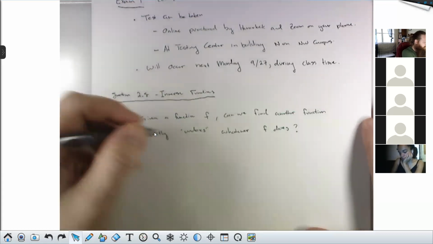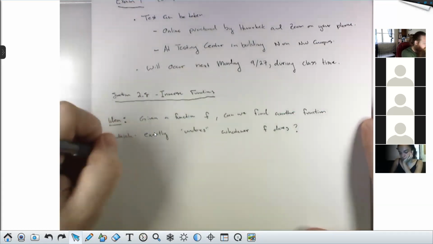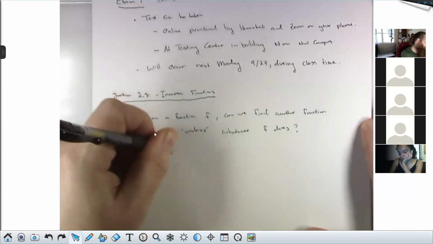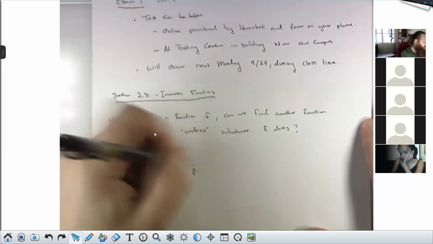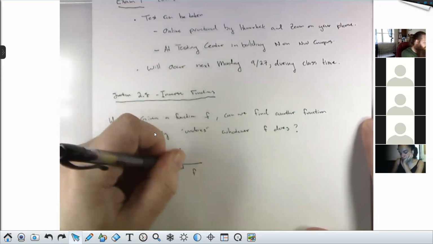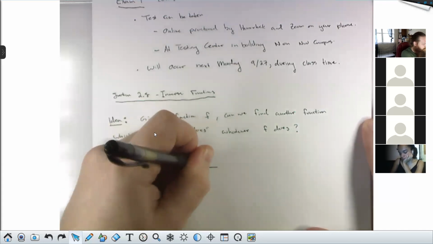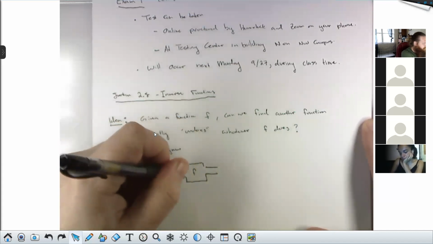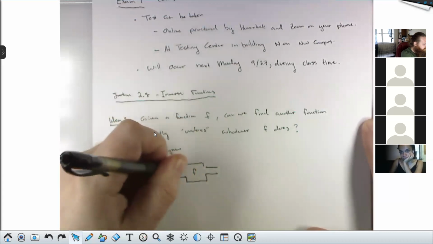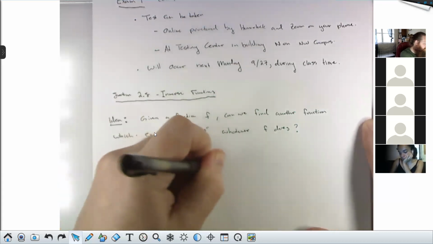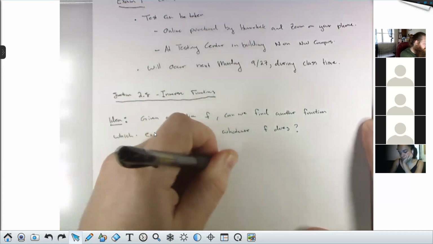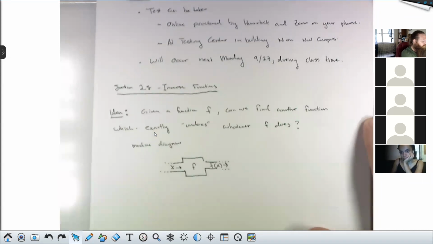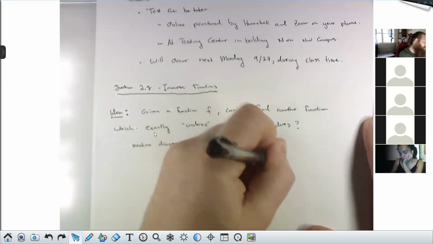So in terms of machine diagrams, where we think of f as like a machine on an assembly line. We talked about this when we talked about the composite functions. The f machine takes in x's and spits out f of x's. What we would want to do is run the machine backwards.